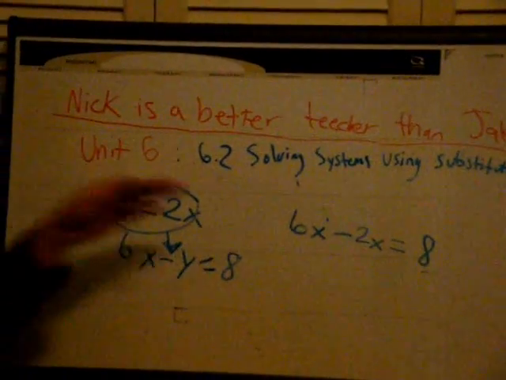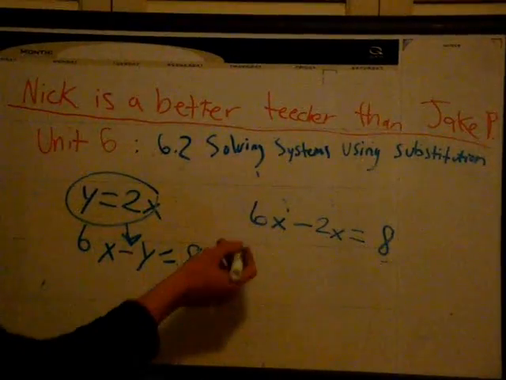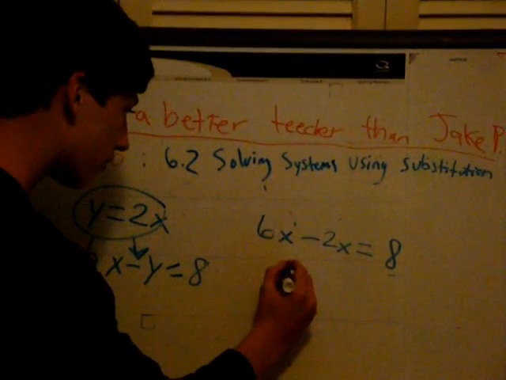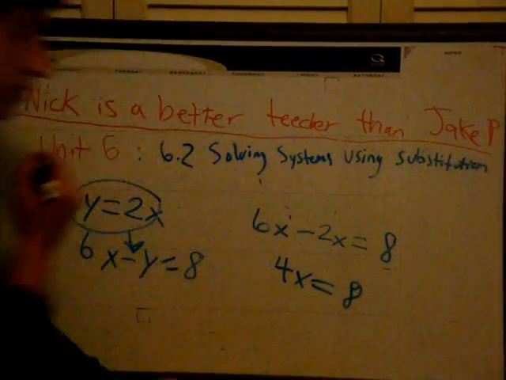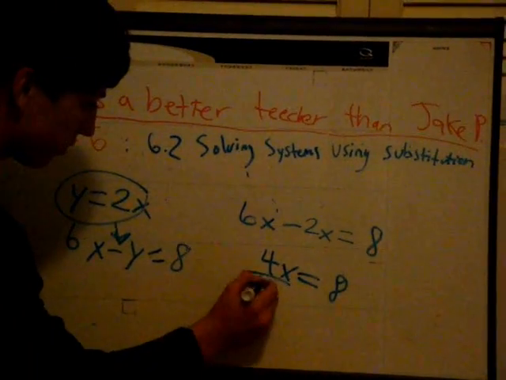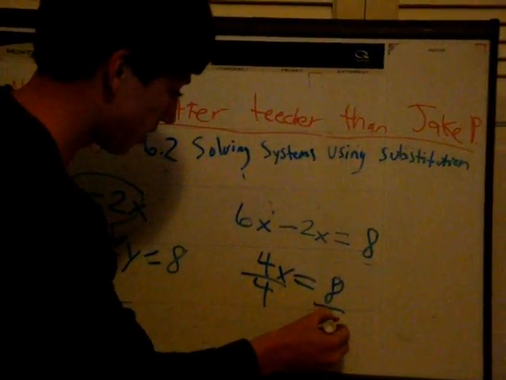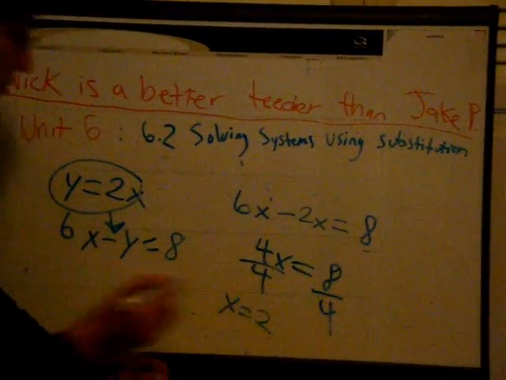See what I did there? Yes, you did. Okay, and then we can just easily subtract these, as you've learned in previous units, I hope. 4x equals 8. And then from here, divide by 4. What you do to one side, you have to do to the other. Divide by 4. So that would mean x equals 2.